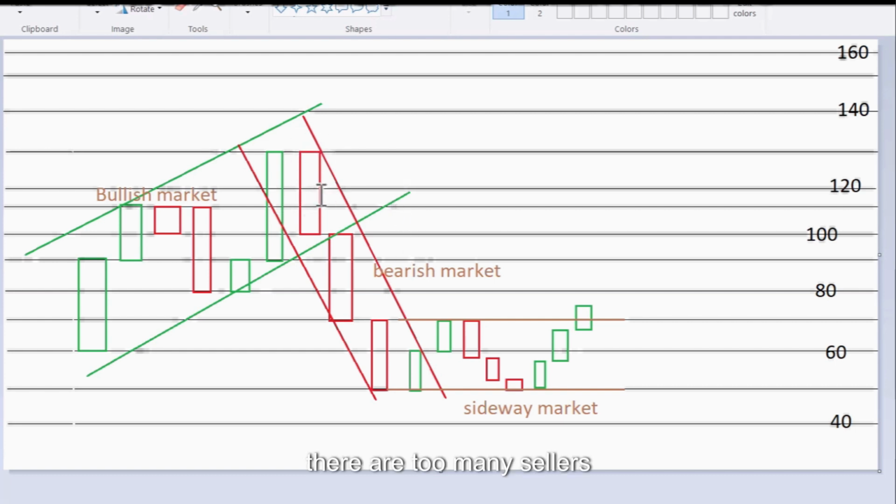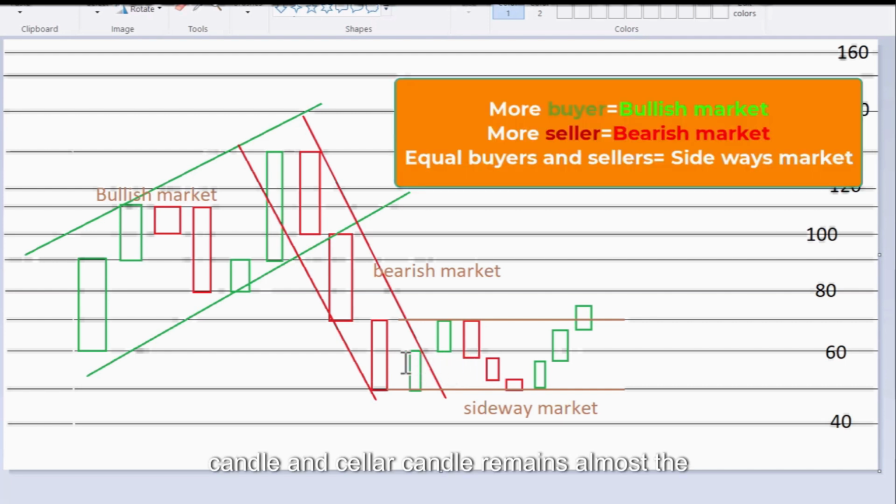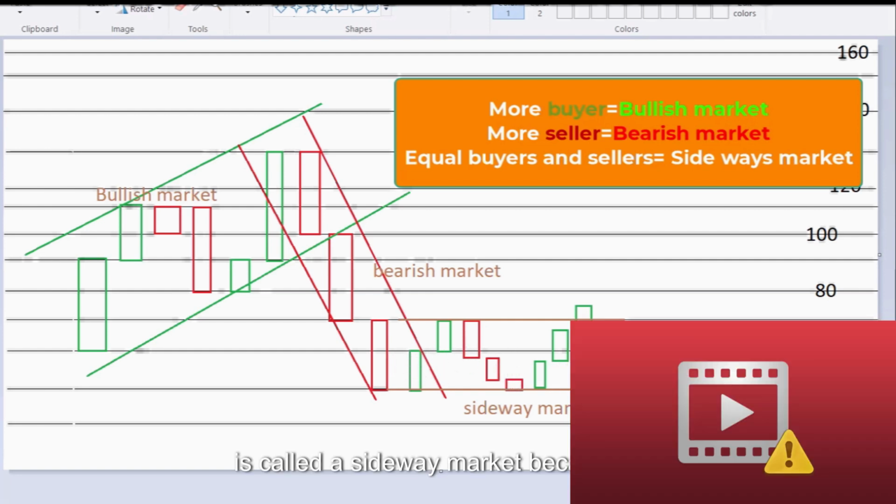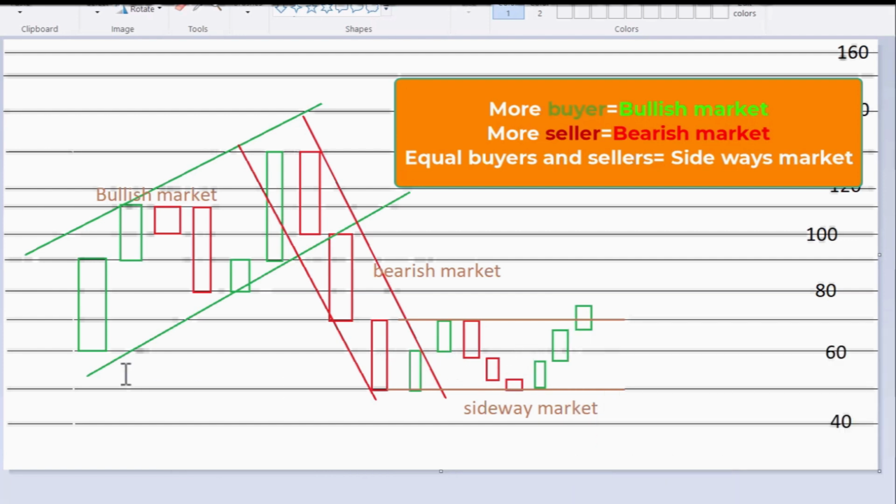When there are too many sellers, too many down candles, too many bearish candles, the market goes down. And in the sideways market, the size and movement of both up candles and down candles, buyer candles and seller candles, remain almost the same. This is called a sideways market because the competition between buyers and sellers is very heavy.